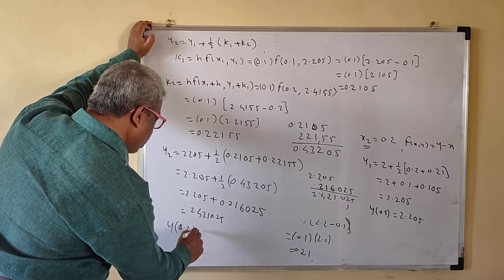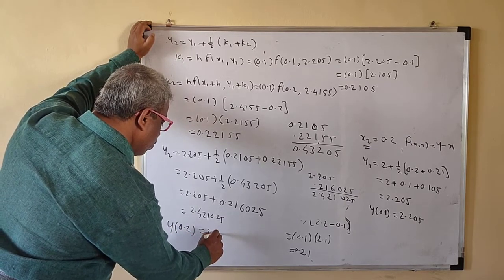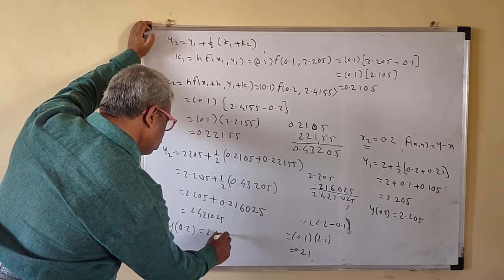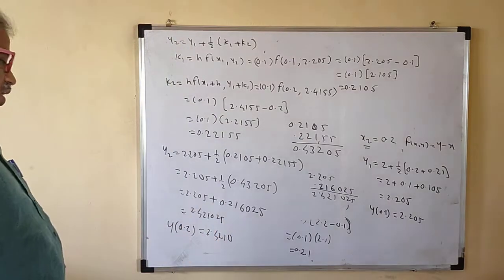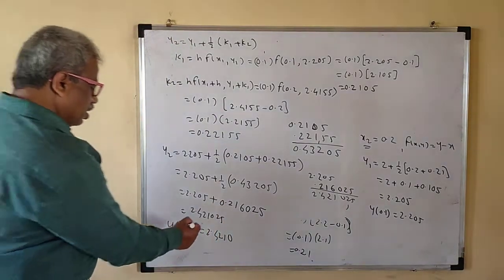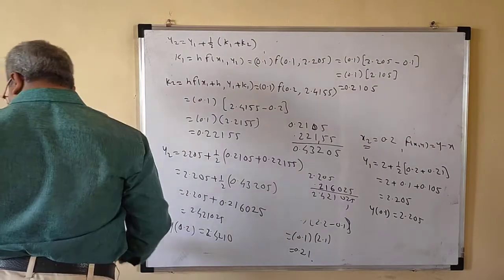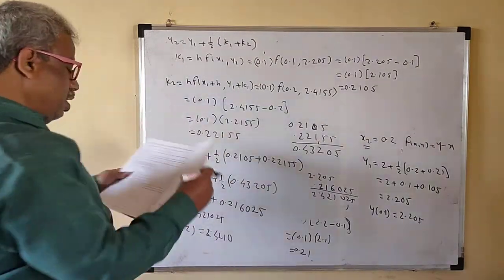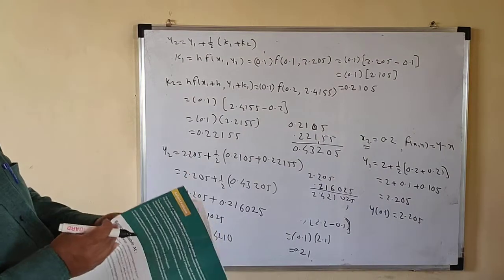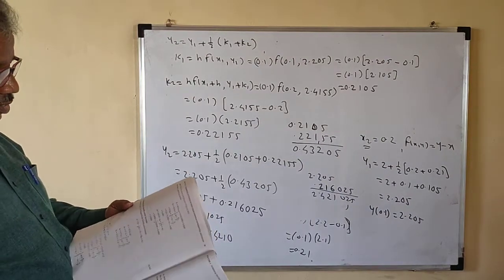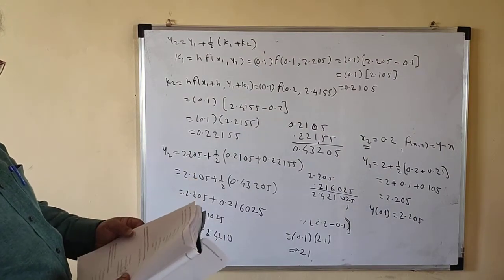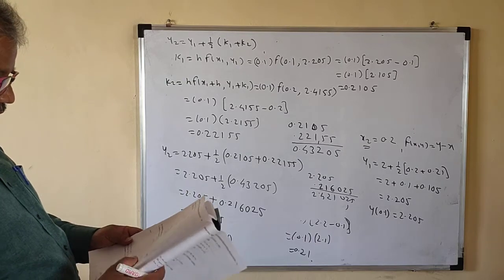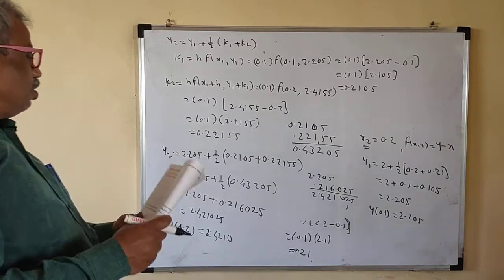So y of 0.2 is equal to 2.4210, up to 4 decimal places. So this is the correct value. We get the correct value of this one.